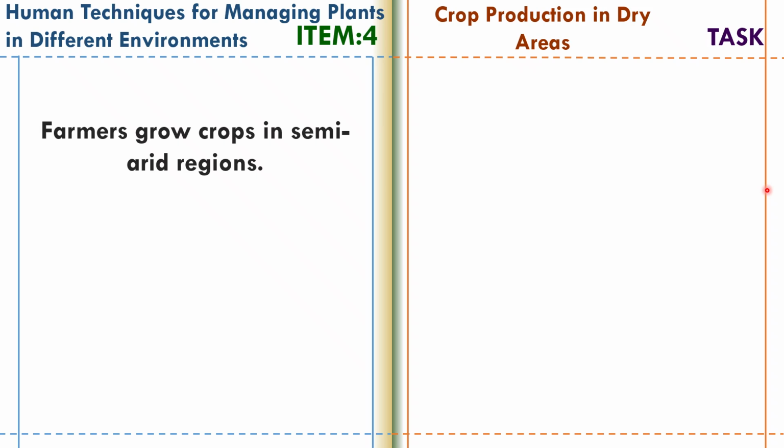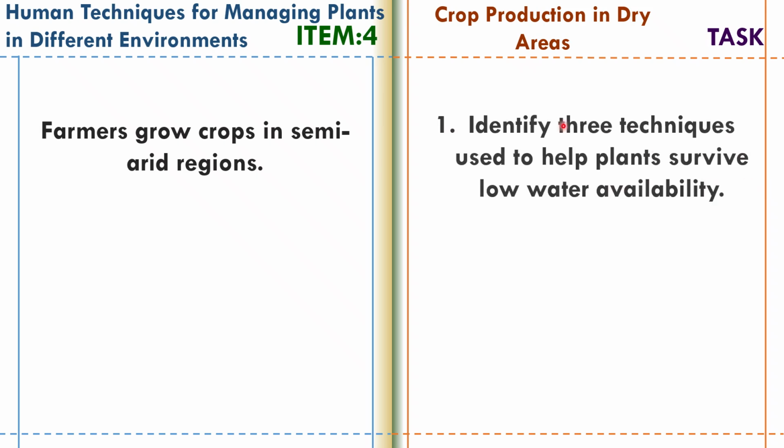Task: identify 3 techniques used to help plants survive low water availability. Explain how each technique helps.